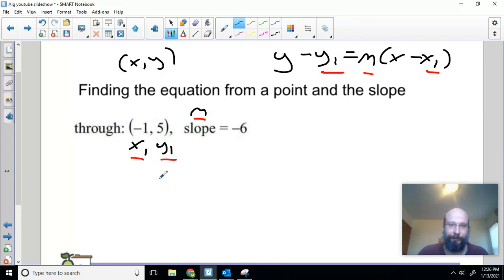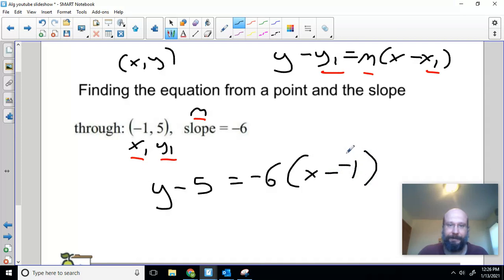So in this example, we'd have y minus 5, because 5's y1, equals the slope times x minus x1, which is -1. So I could put it in parentheses.